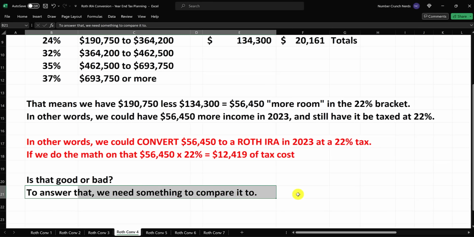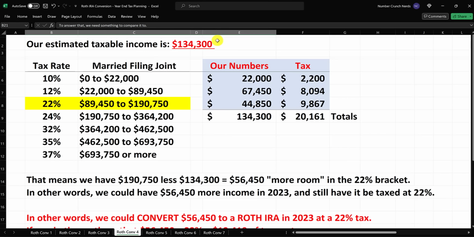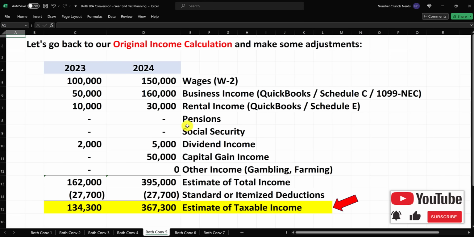But the very first thing you have to do is figure out how much income you already have, what tax bracket it is putting you in, and how much room there is still in that tax bracket to pick up income from a conversion from a traditional IRA to a Roth, so that you can get it taxed at this rate, as opposed to another situation we're going to look at right here. We need something to compare it to.